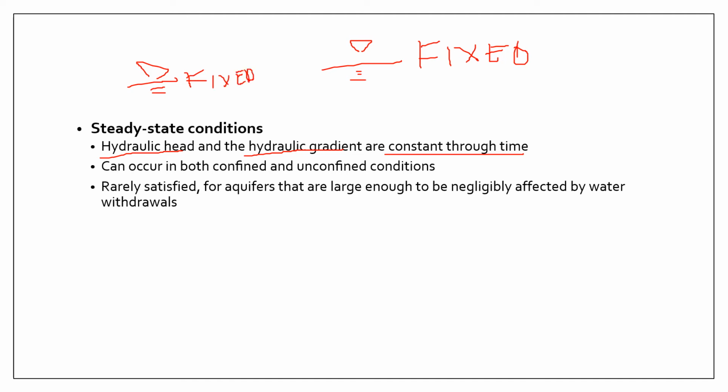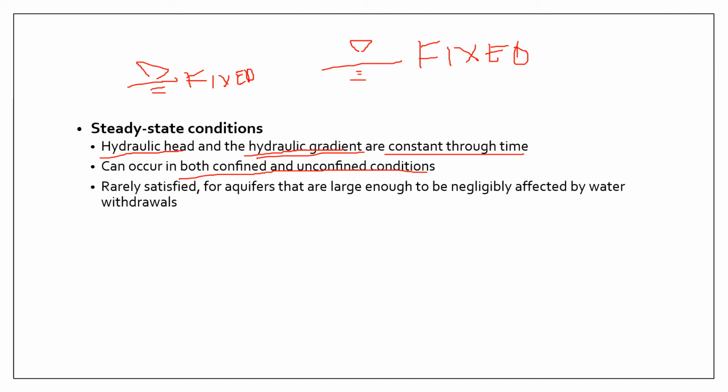So when you have water tables or hydraulic heads at two different points that are fixed, you also end up with a constant hydraulic gradient. And this can occur in both confined and unconfined conditions.